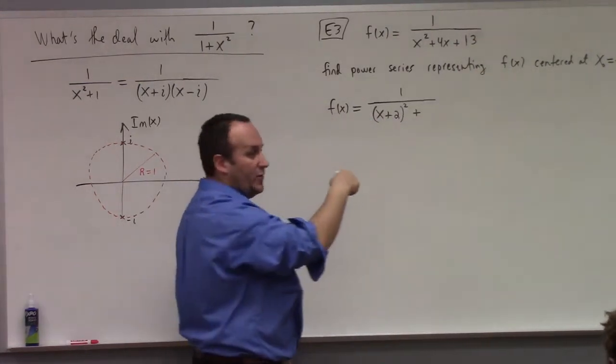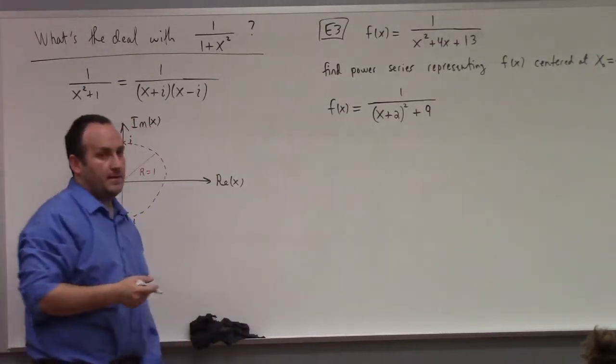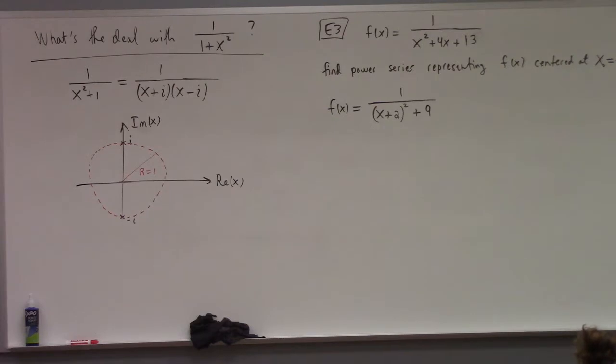So I owe us a 9. At the moment, the only way we know to create power series is with what? You've been making them up, so there's that, right? But the other thing that we all know is geometric series. Can I use the geometric series to create a power series centered at minus 2 here?